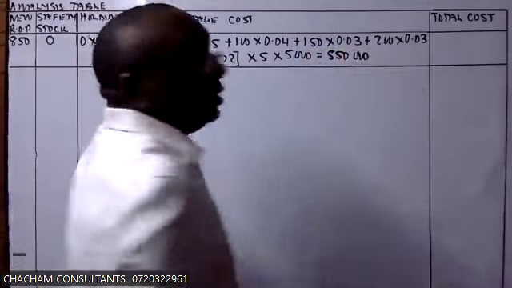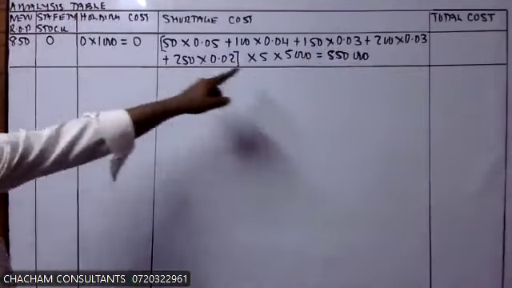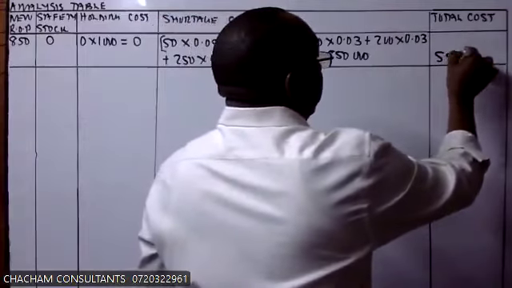So in our formula, we said the total cost will be the holding plus the shortage. So that gives us 550,000.